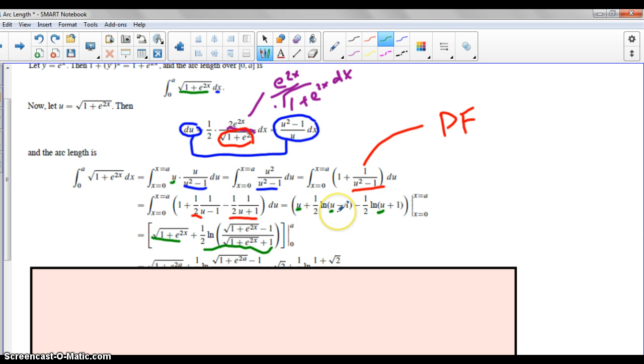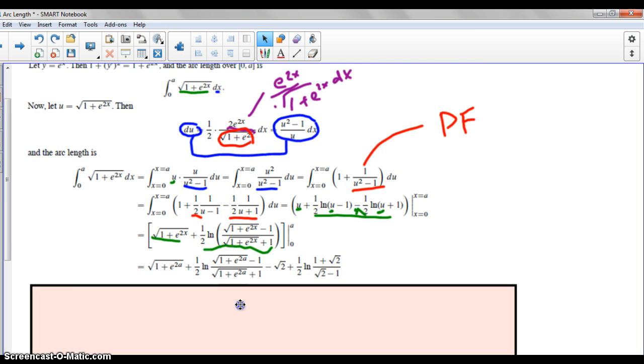So we can write it as just a single natural log and make it a quotient. So this u was replaced with this square root minus 1, and this u was replaced with its square root expression, then the plus 1. So this was just a condensed version of what was laid out here. We applied the difference property and made it into a quotient. So that's how we got that step.